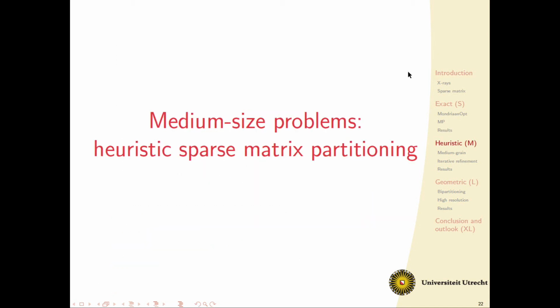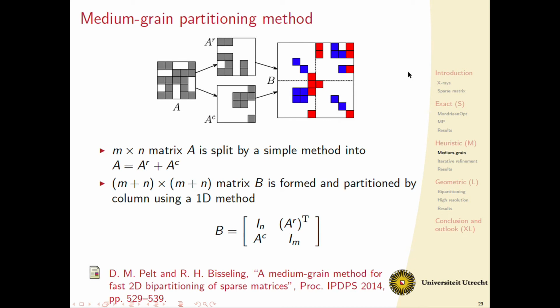Okay, now to the medium size problems. So there are heuristic partitioners, often based on hypergraph partitioning. And here I want to present the medium grain method. A medium grain method is based on splitting the matrix A into 2 matrices, AR and AC.